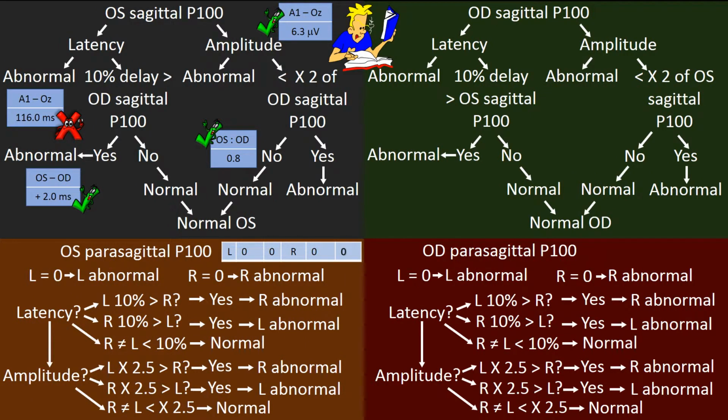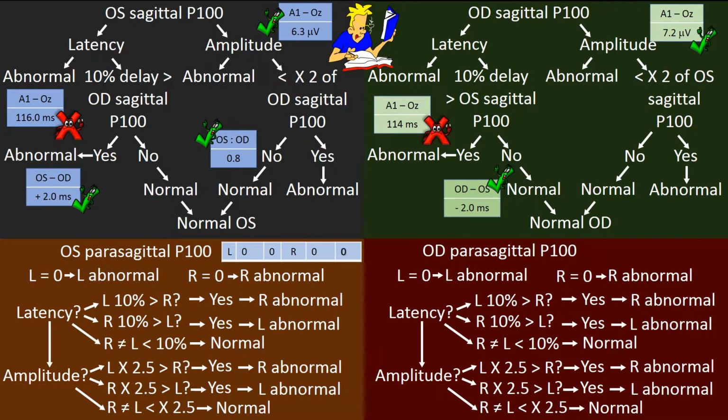The left parasagittal P100s were not done. Right sagittal P100 was normal. The right sagittal P100 latency occurred 2 milliseconds sooner than the left sagittal P100.